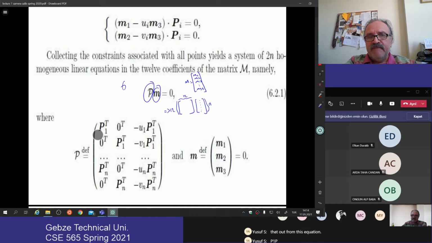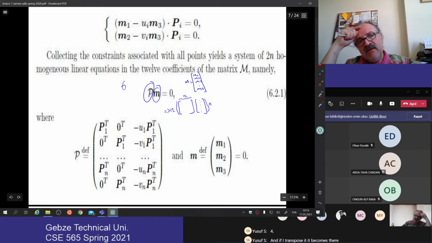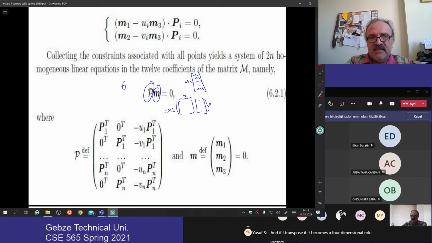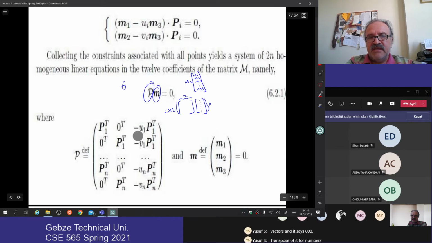P1T, transpose of P1. P1 is a vector of size 4, and if I transpose it, it becomes a 4-dimensional row vector. And this is 0, 0, 0, transpose of it, 4 numbers. And this is minus U1 P1T.